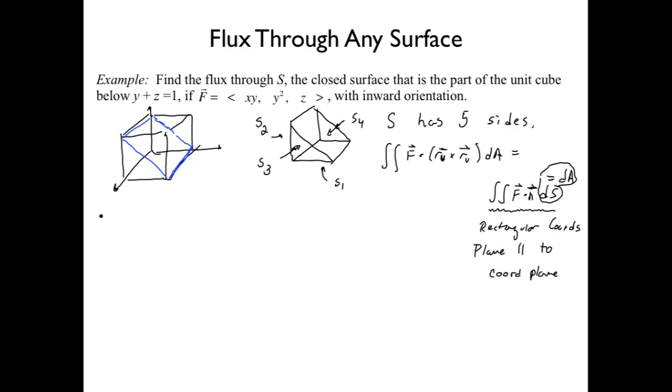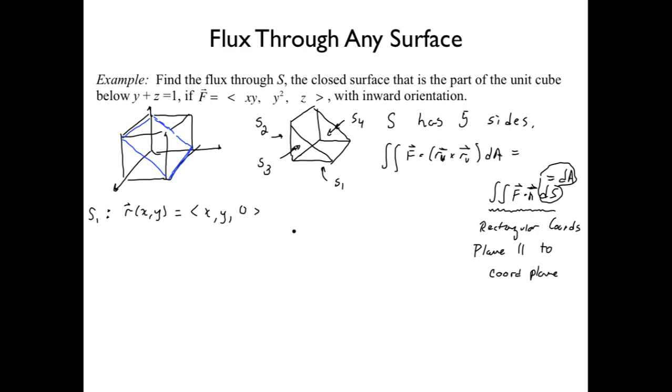So let's do S1 first. What's the bottom? So S1 we could write as r is x and y, and then, so we just basically have x, y, and z is what? 0, right?